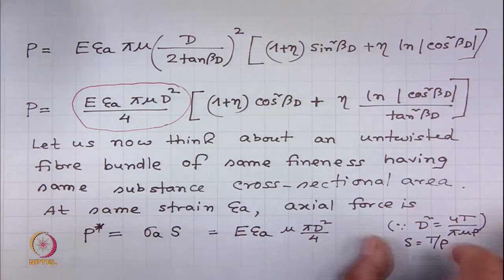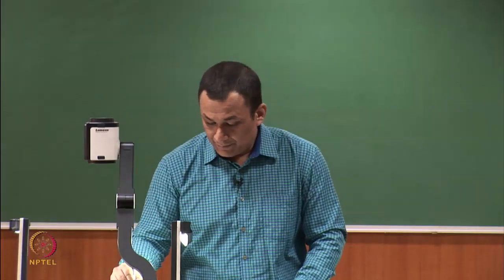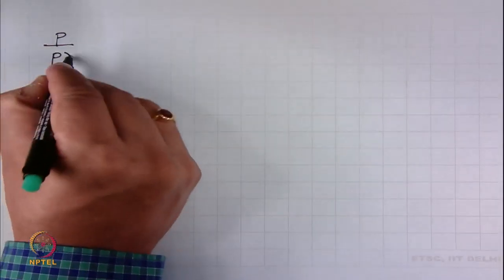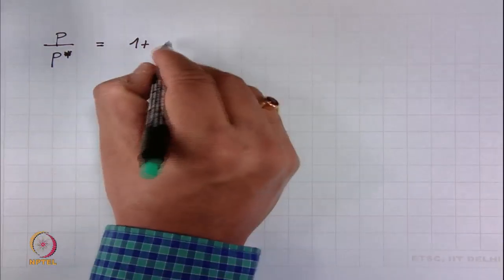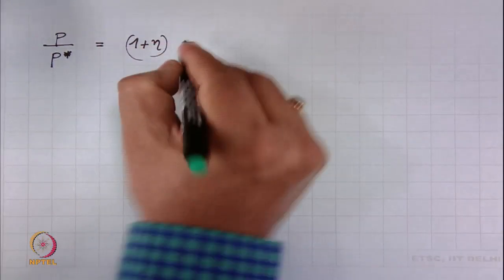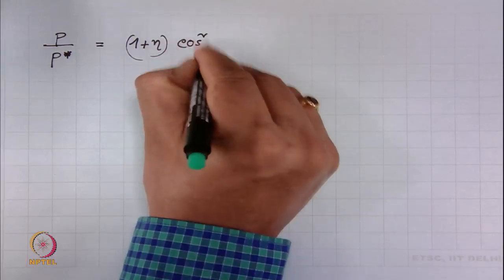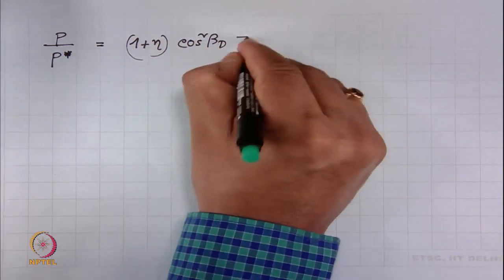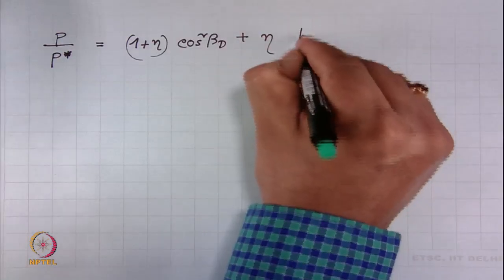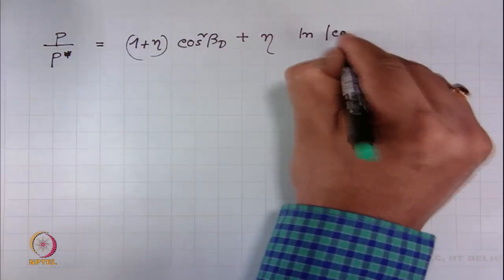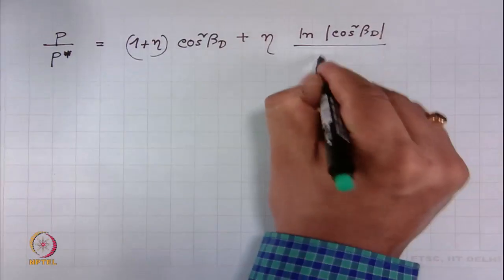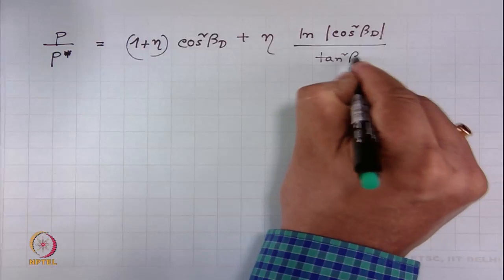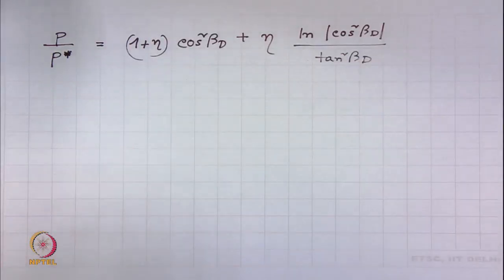So, if we write now P by P star, this will be equal to 1 plus eta sin square beta d plus eta ln cos square beta d by tan square beta d.